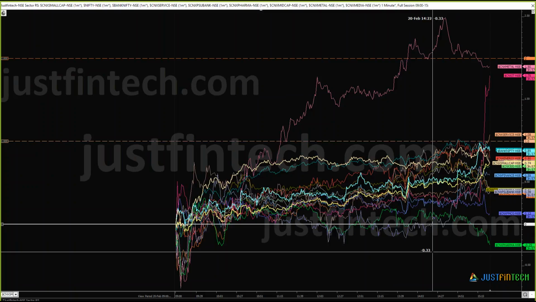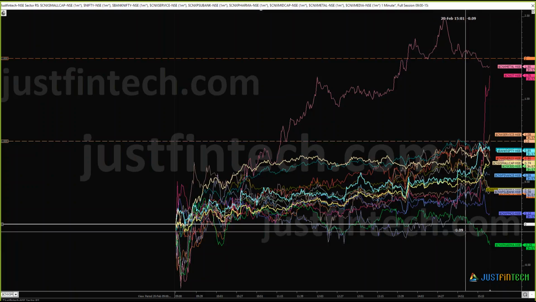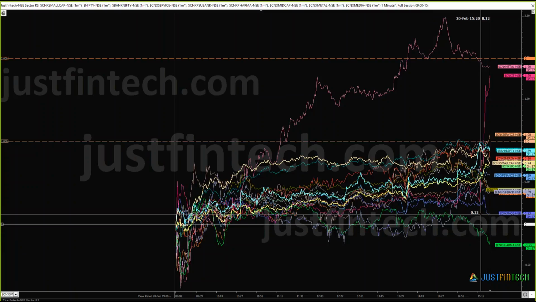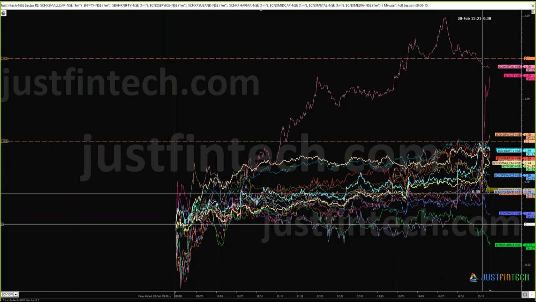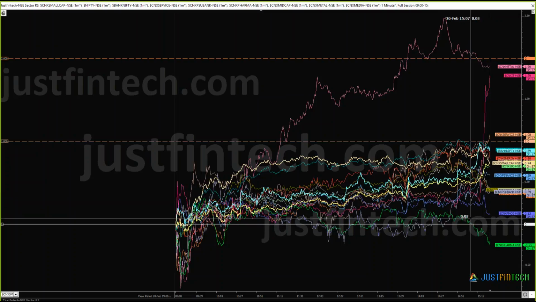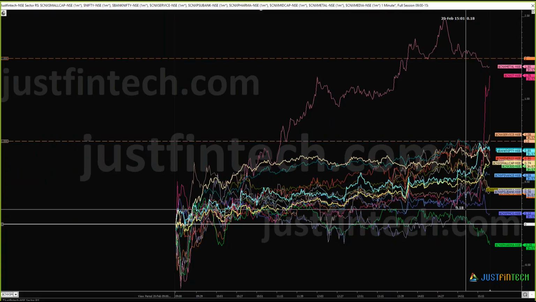So apart from pharma, all are positive, and FMCG is losing momentum, so we had expected FMCG would continue its move down, and this is weakening. And again the same thing, if I see any weakness in the FMCG, I would like to sell the FMCG.